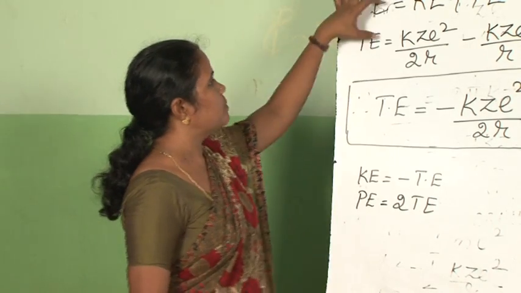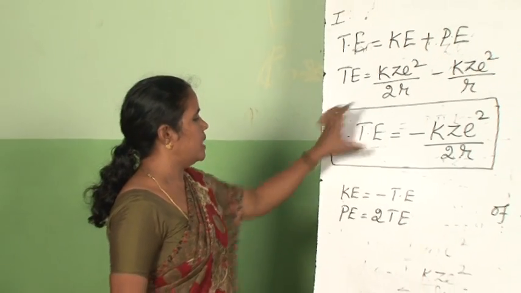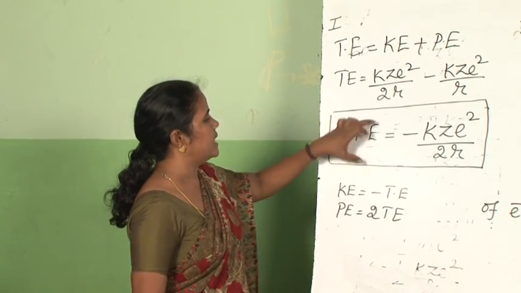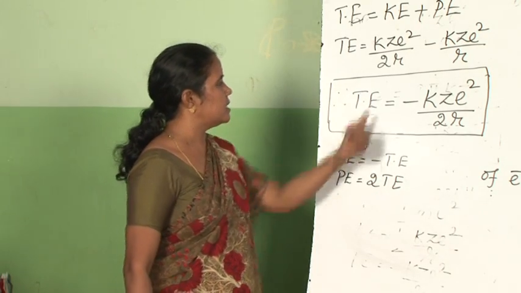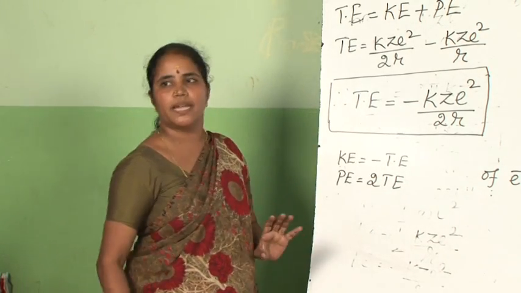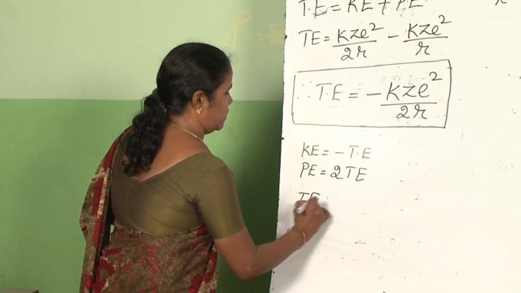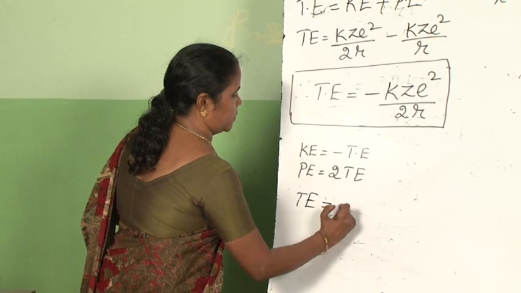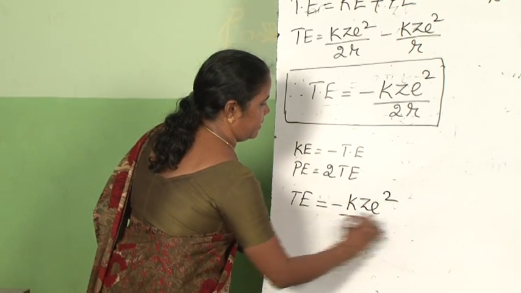Kinetic energy we have the expression, potential energy we have the expression, total energy also we have, and from that we can see that this kinetic energy is nothing but minus of total energy, and potential energy is twice that of the total energy.